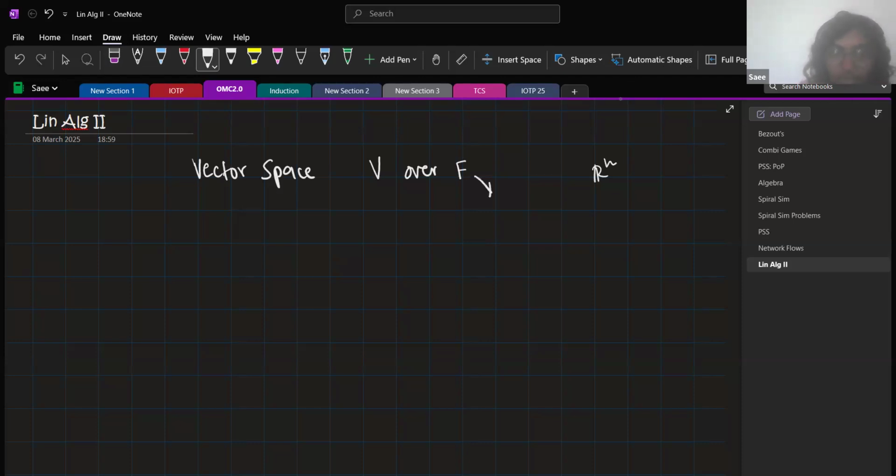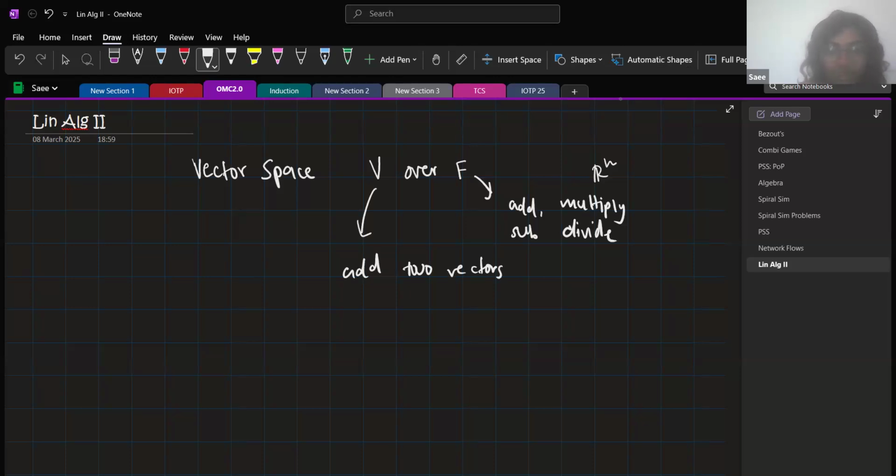Again, a field is where you can add, multiply, subtract, and divide nicely. That's a field in short. And a vector space over F is where you can add two vectors, but multiplication of two vectors doesn't fully make sense.